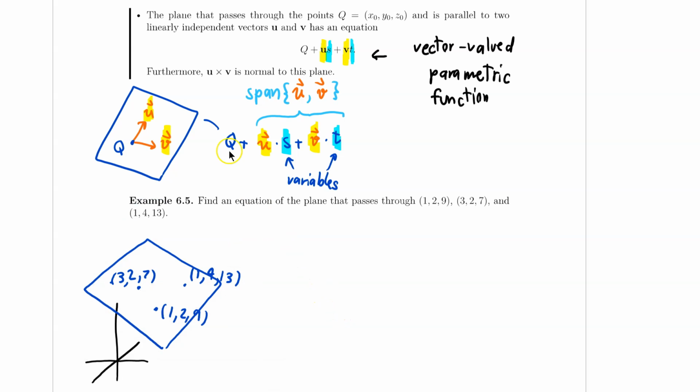Okay. Now to use what we have here, notice that we're going to need the coordinate for the point q, and we're going to need two vectors u and v. So let me name this 1, 2, 9 my point q. And let me make these my orange vectors.